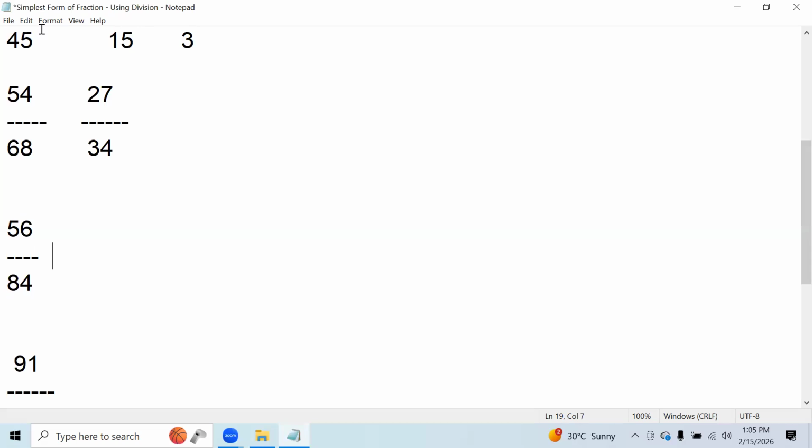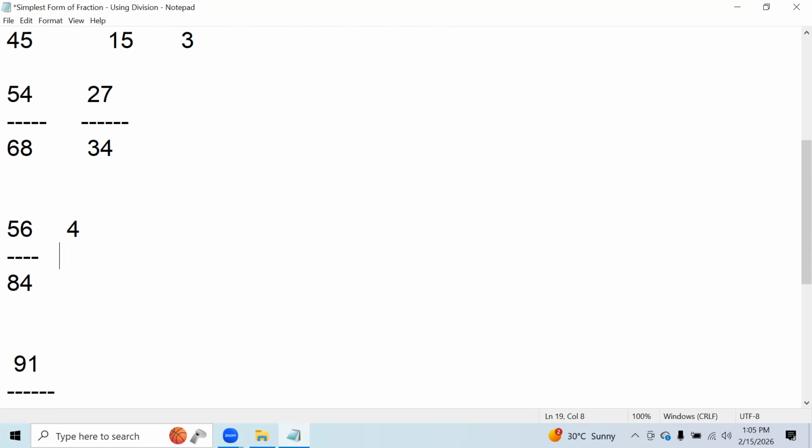If you look at 56 and are aware of the table of 14, you know that 14 4s are 56. Check the denominator 84: 14 5s are 70, 14 6s are 84. So it is coming in the table of 14. So basically we are dividing both numbers by 14.